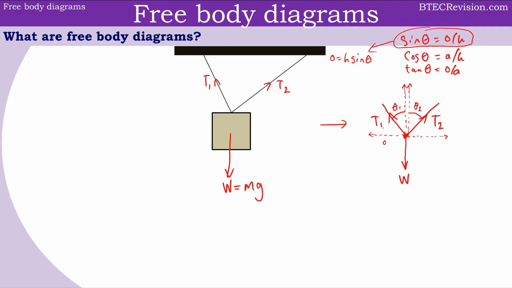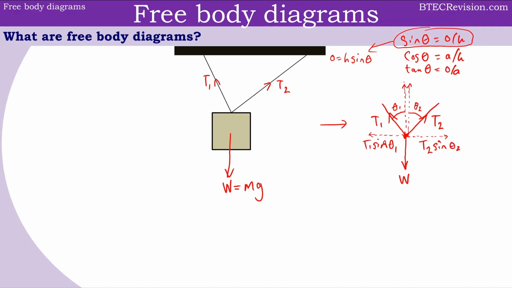In this case, our hypotenuse is T1, so we can replace this opposite with tension 1 sine theta 1. And we can do the same thing on the other side, but we're going to replace tension 1 with tension 2, and angle 1 with angle 2.